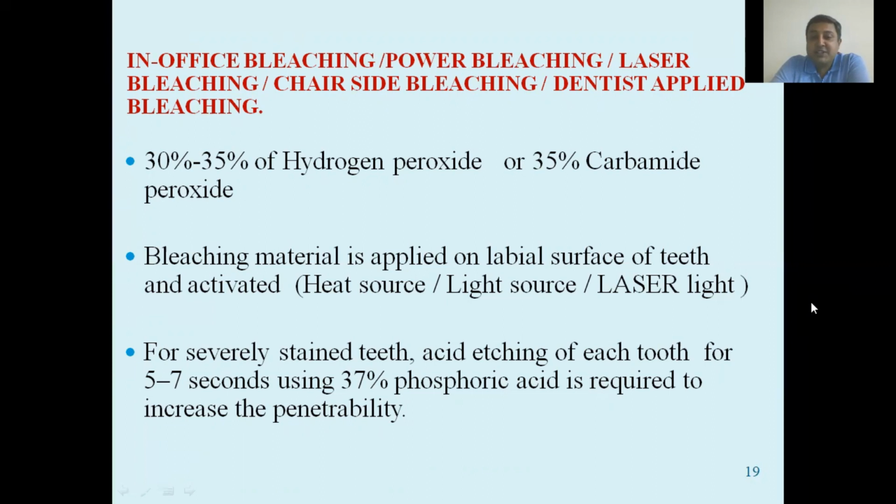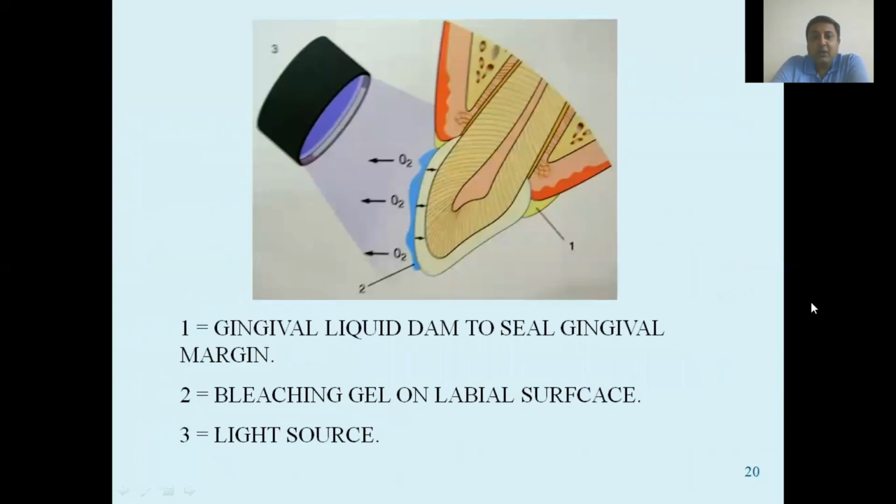For severely stained teeth, we require acid etching of that particular tooth for approximately 5 to 7 seconds using 37% orthophosphoric acid to increase the penetrability of the bleaching material onto the tooth. We do this. In the picture, you can very well appreciate that number one mark is a gingival dam, liquid dam, that seals the space between the gingiva and the tooth.